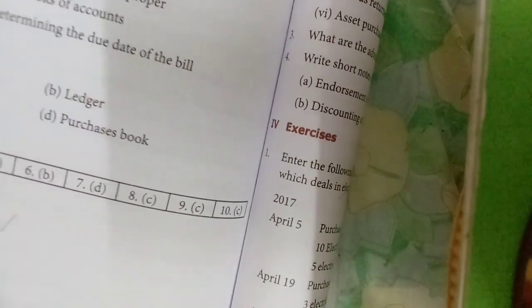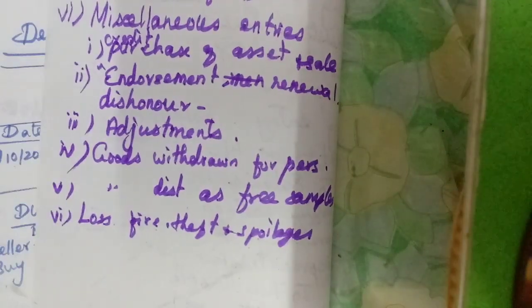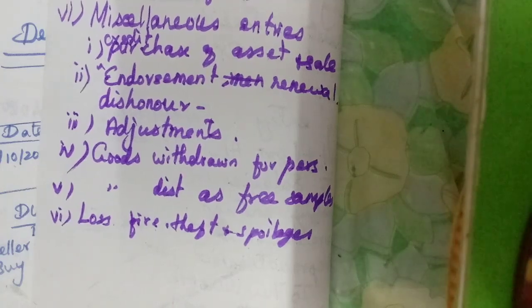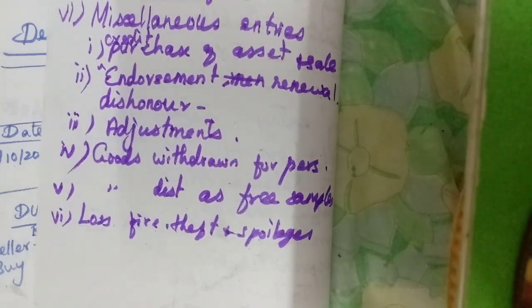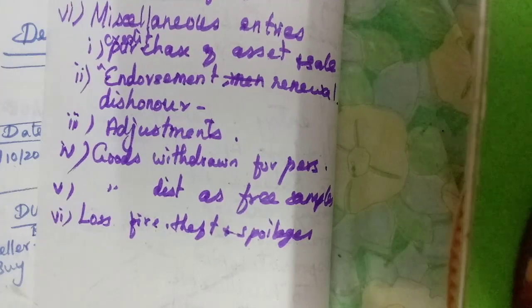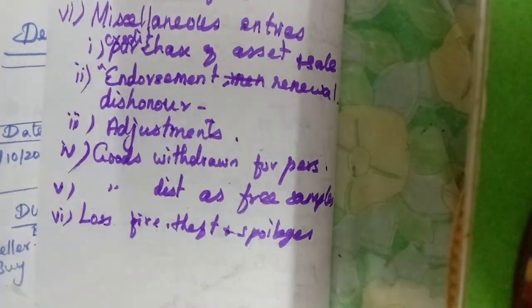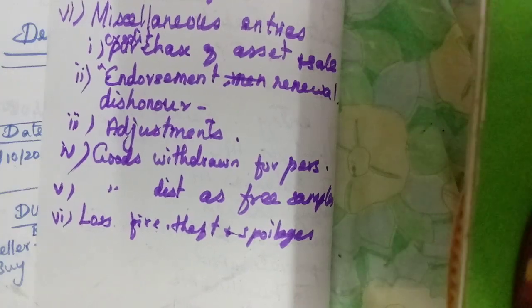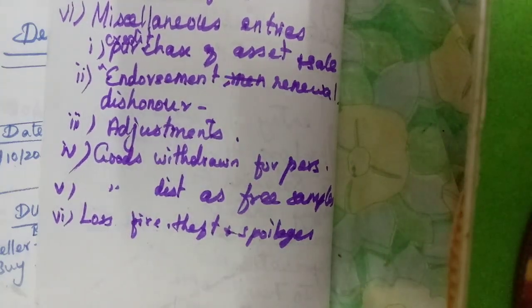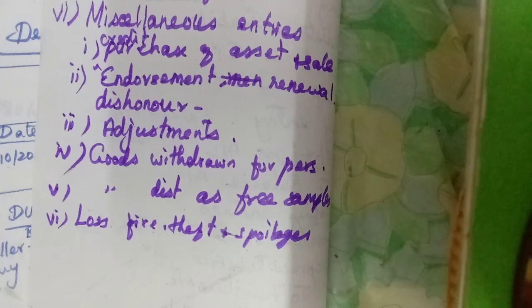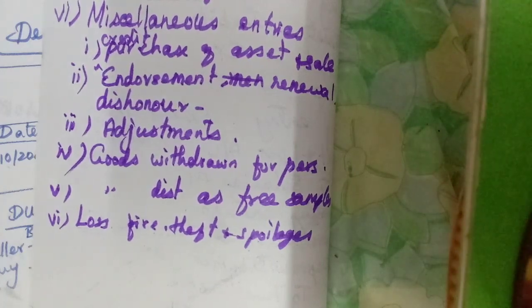Then what is purchase returns book? I cannot tell you the page number, but I will tell under which heading. Purchase returns book, under the heading purchase returns.